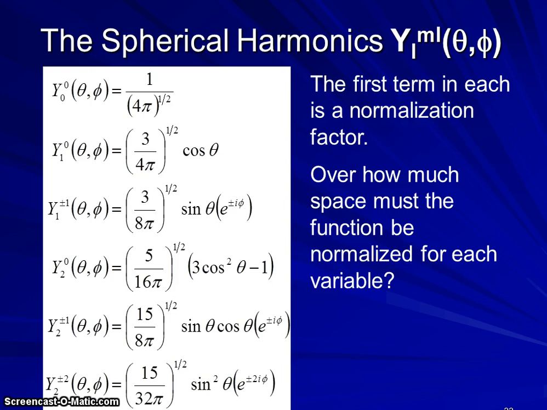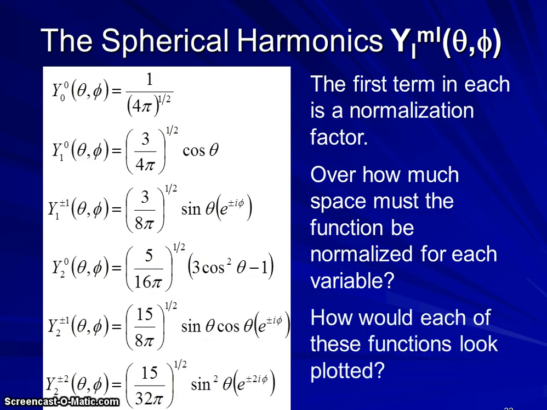Think about that. I want you to think about that on your own, remembering that this is rotation. So how far can it rotate before it has to repeat? And how would each of these functions look plotted? And again, I want you to think about that in terms of how a wave function about rotation would look plotted at different energy levels.